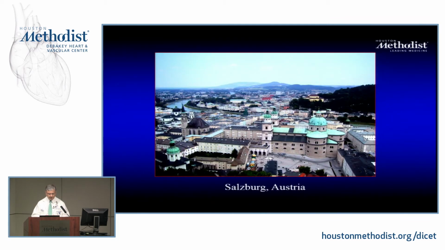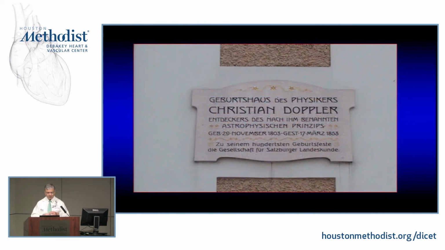And a little thing in town, I went to Salzburg, where Doppler, remember, it's not an acronym, it's the last name of a physicist, Christian Doppler. And that's what's left of where he was. And you could see when he was born and when he died, just imagine, 1800. And his house is almost across the street, on the same side of the street from Mozart.